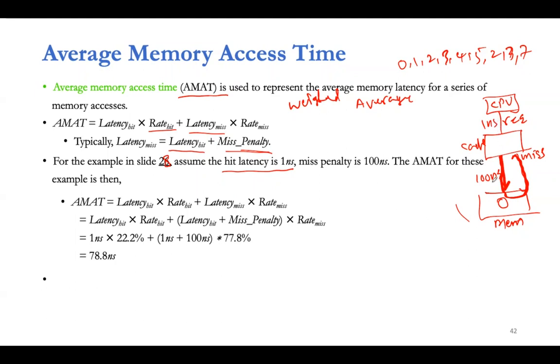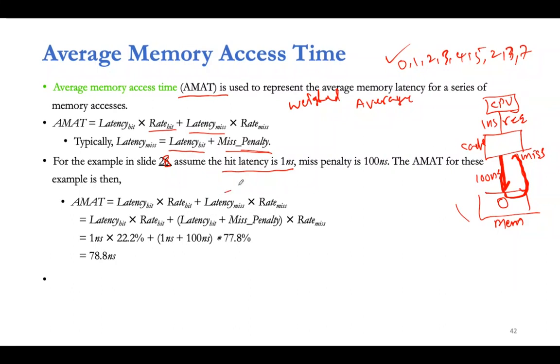Then the average memory access time for our example, this series of memory accesses, will be calculated as the hit latency multiplied by the hit rate, plus the miss latency multiplied by the miss rate.